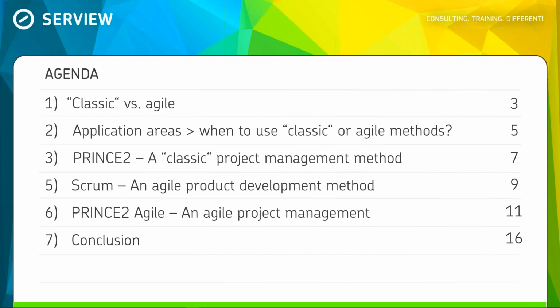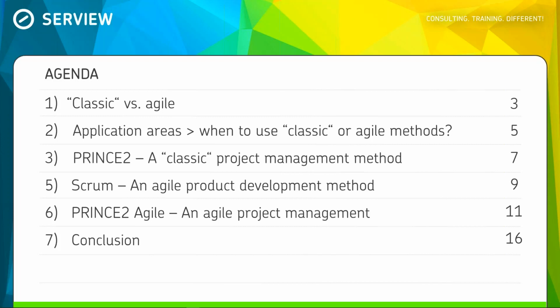And then we will be having a look at a method for classic project management, and that would be at number 3, PRINCE2. So what is that, PRINCE2? And then we will look at Scrum for an agile product development method, and then we will join these two together into the, you could say, hybrid or agile project management method, PRINCE2 Agile. PRINCE2 Agile has been, I would say, hot news right now.